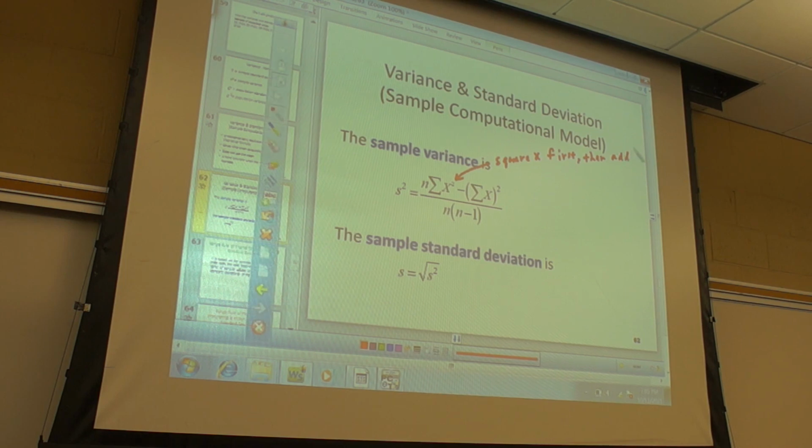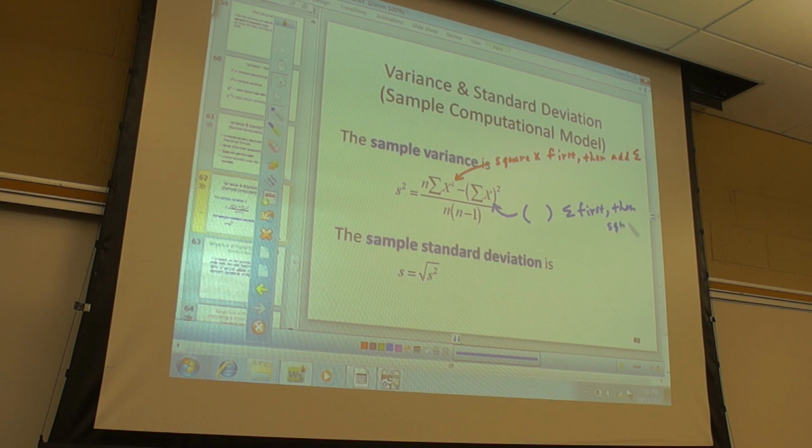All right, then you sum them up. The one here means, with the parentheses, that means that you sum them first. Then you square it.